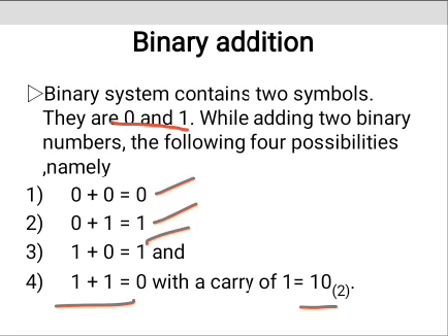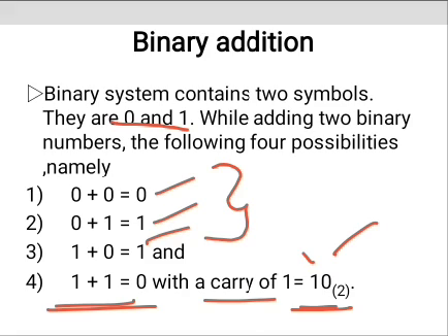The first 3 operations produce a sum whose length is 1 digit. But when the last operation is performed, the sum is 2 digits. That means 10. That means 0 is the sum, 1 is the carry. So 1 plus 1 equals 10. It is in base 2.